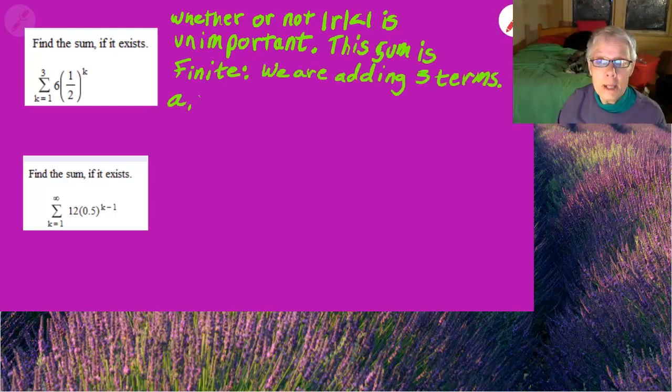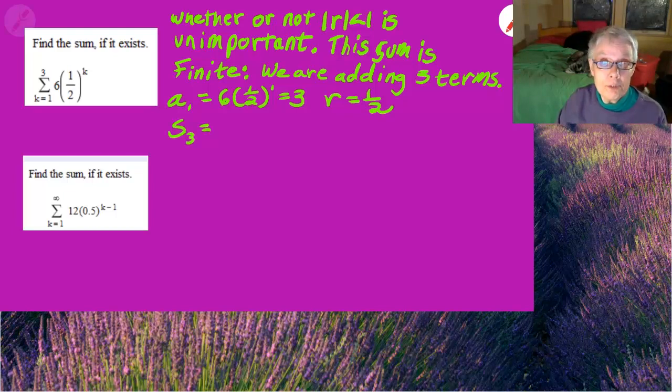We'll find A1. A1 is 6 times 1/2 to the 1 power, which is 3. So the first term is 3. The common ratio is 1/2.